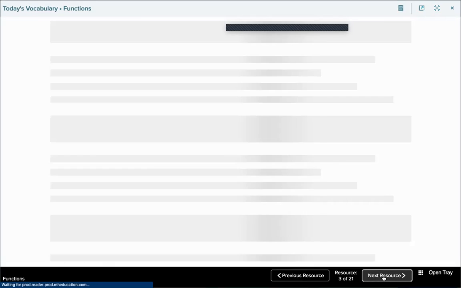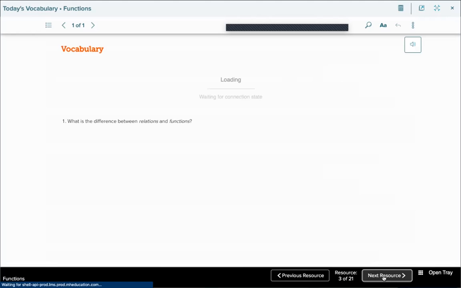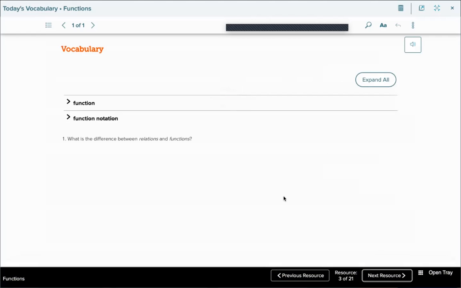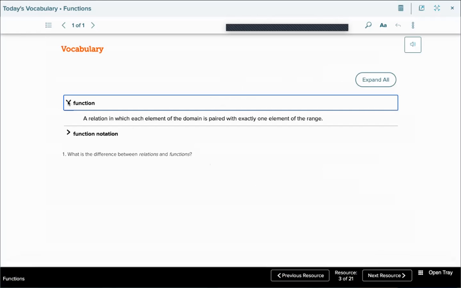The vocabulary for 3-2 is just two things. The first one is a function, a relation in which each element of the domain is paired with exactly one element of the range.